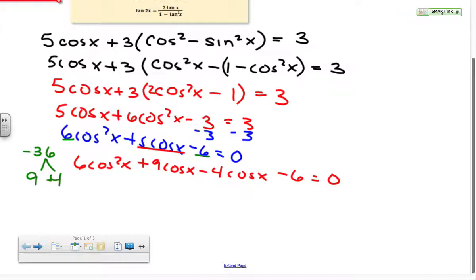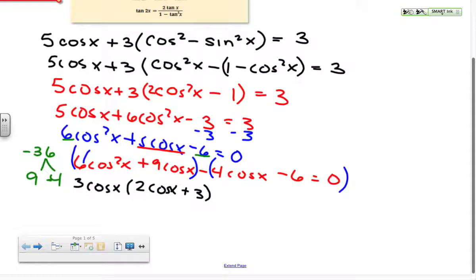Now I can group and factor. Out of this one comes 3 cosine x, and I'm left with 2 cosine x plus 3. Out of this one, oh, I did something wrong.